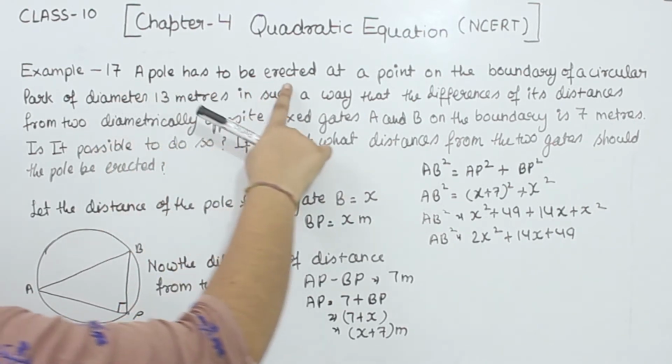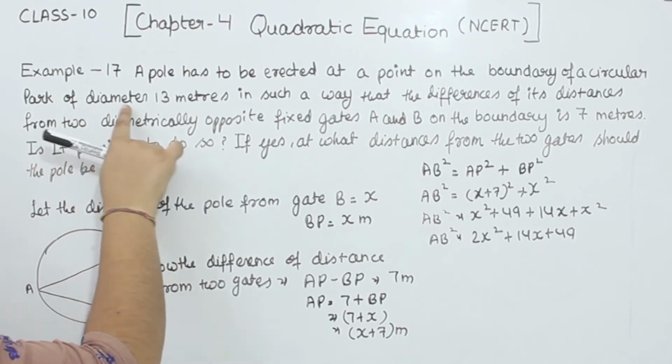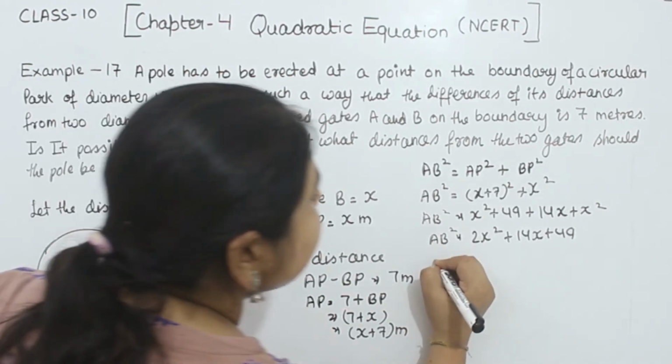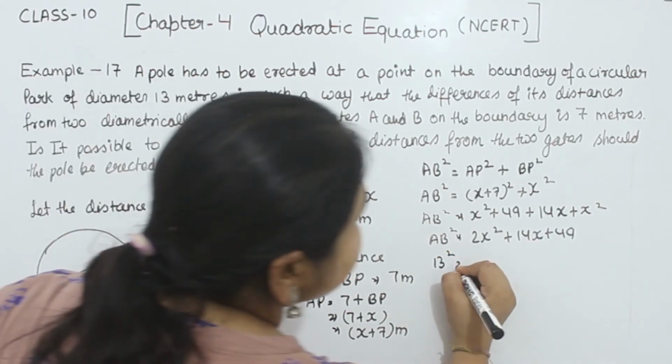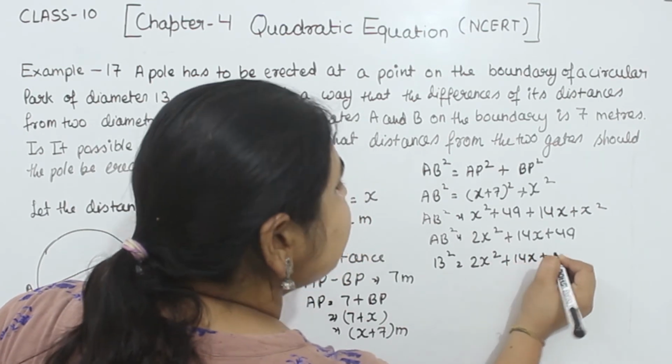AB is the diameter, which is 13 meters. So 13 square equals 2x square plus 14x plus 49.